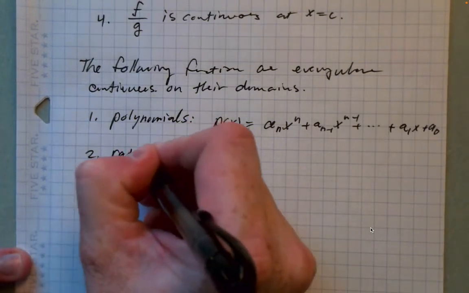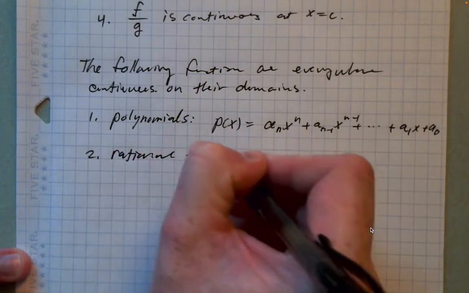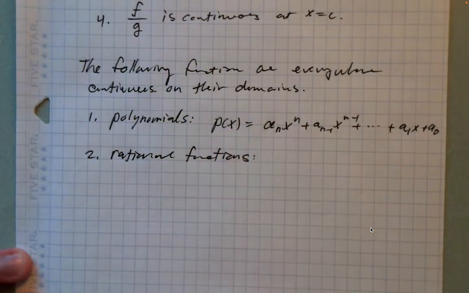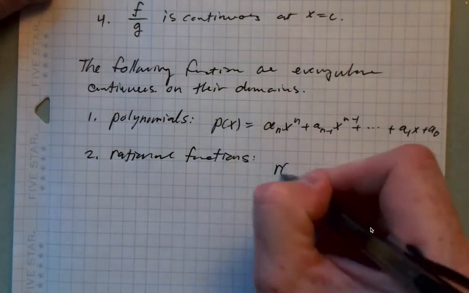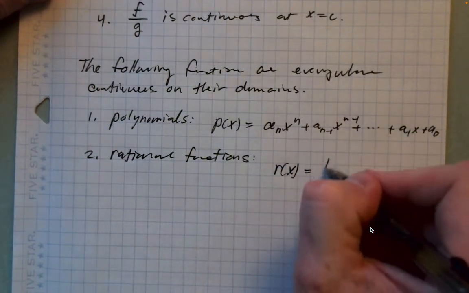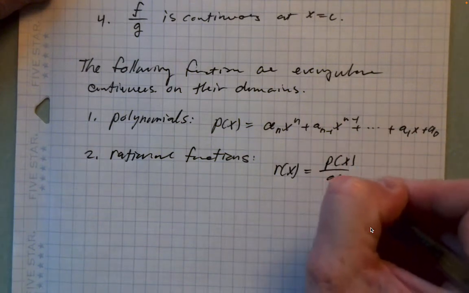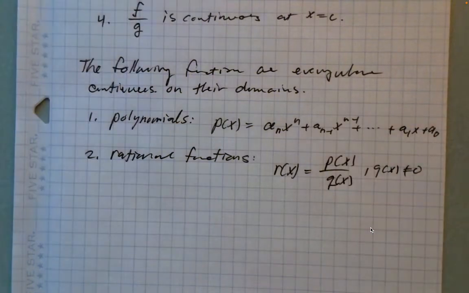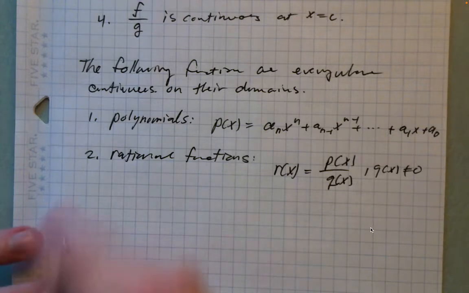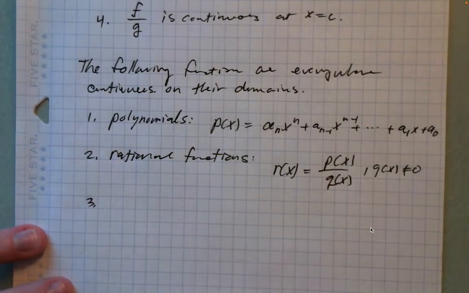Rational functions are also everywhere continuous on their domains, right? So if you've got r of x equals p of x over q of x, where q of x is non-zero, of course. Those functions are also everywhere continuous on their domains. Okay, and let's see, radical functions, another example of everywhere continuous functions.